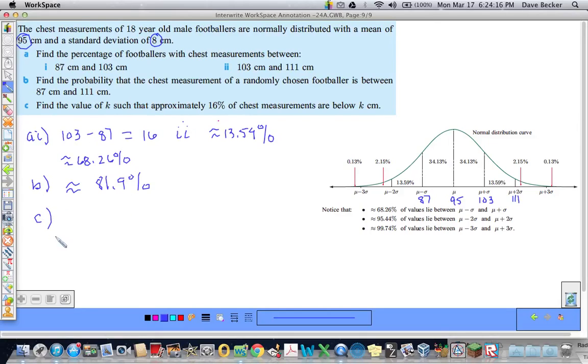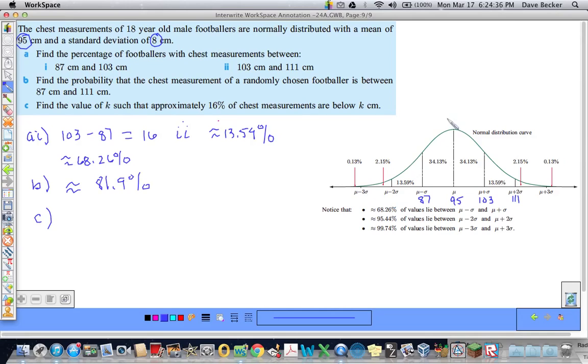So part C. Now here comes the fun. Find the value of K such that approximately 16% of chest measurements are below K centimeters. Okay? Below K centimeters.